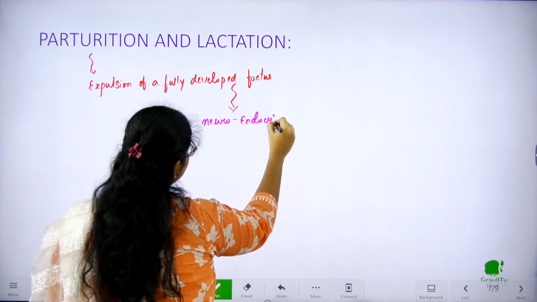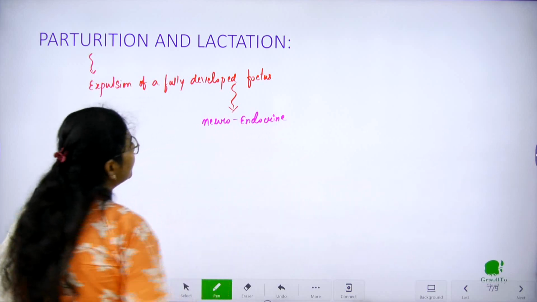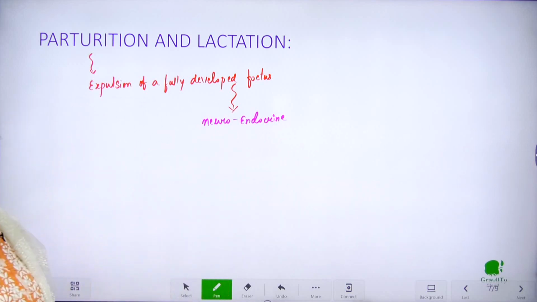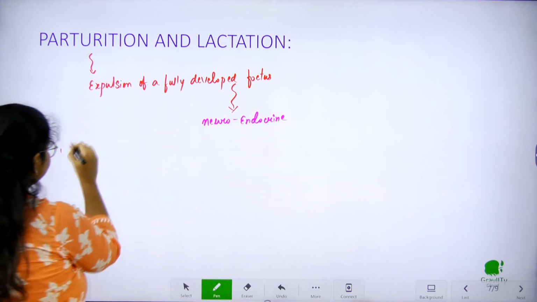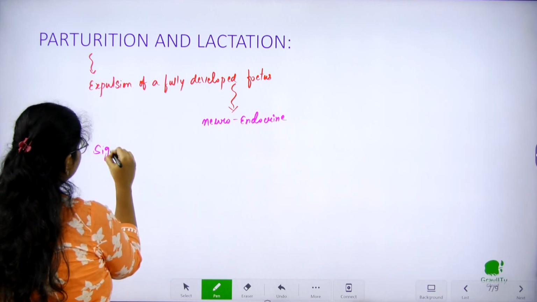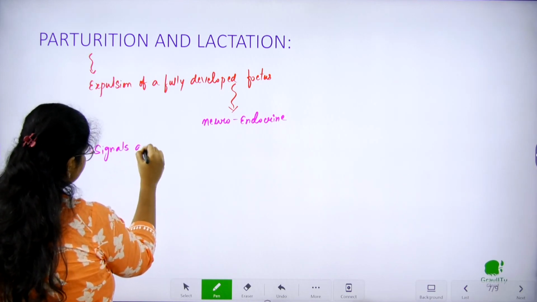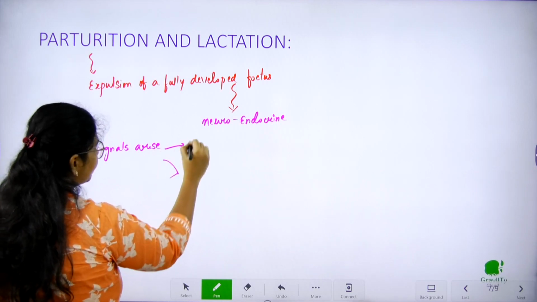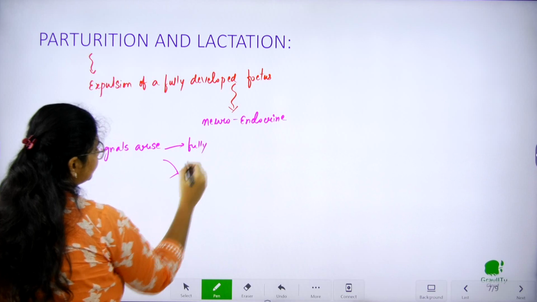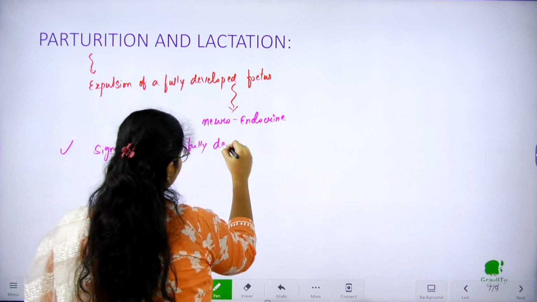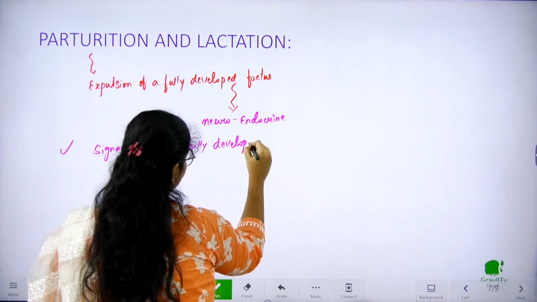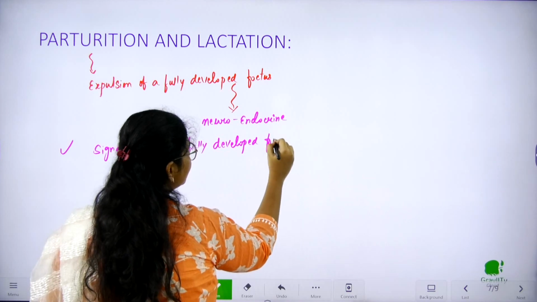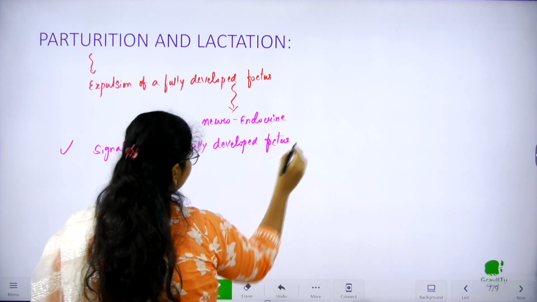So from where are the signals of parturition starting? The signals arise from a fully developed fetus as well as the placenta. The fully developed fetus is not telling anything to the brain.